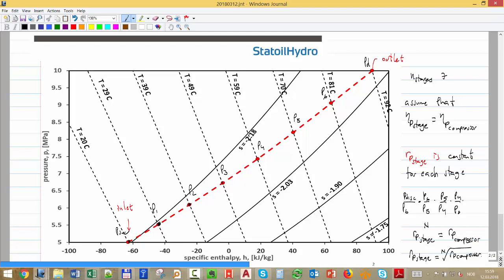Now, before we go and take a break, just to give you a small idea, how does the process actually look like in this line? I know I'm approximating with a polytropic process, right? But how does it look like when I plot the actual passage in every stage?